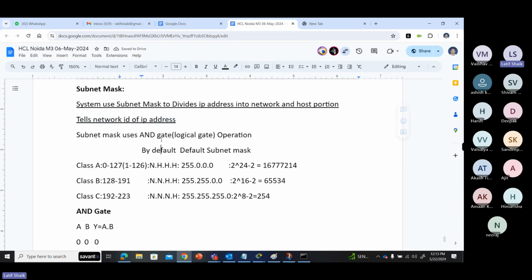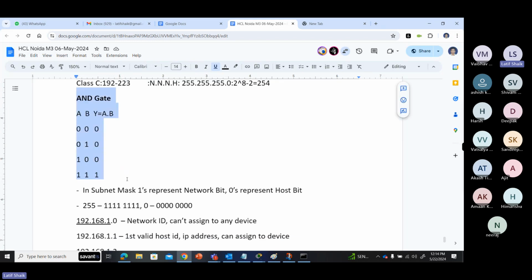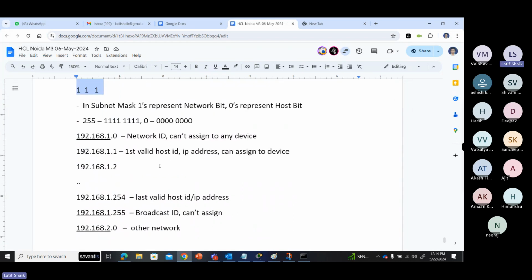To calculate this network ID and divide the address into host and network portions, it uses AND gate operations. In a full network, the first address is the network ID, the one ending in dot 0, and the last one is the broadcast ID.